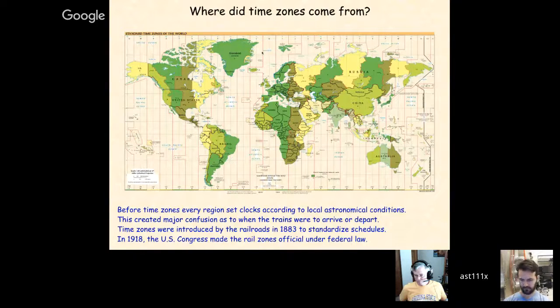When you said that a train was going to leave at 1 o'clock or arrive at 1 o'clock, did that mean 1 o'clock from where the train left, or 1 o'clock in the city where it was coming in, and was that local 1 o'clock? Because time changes continuously as you move across. And so this just made the scheduling of trains a mess.